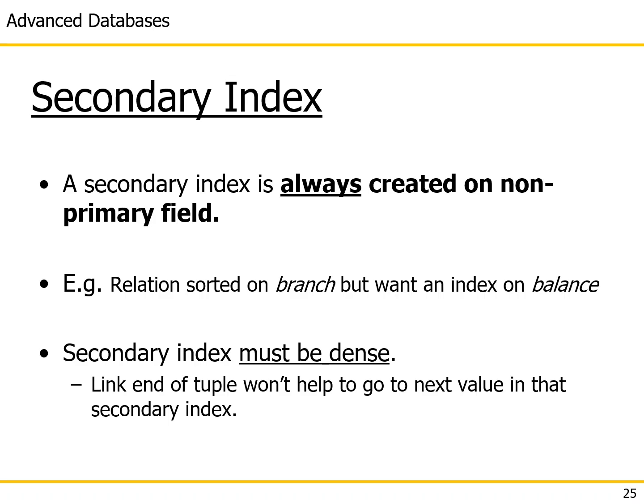So the penalty we pay here is that when we create a secondary index, we will have to create a first level that is dense and sorted from the values of the column that we're building the index on. And then we can put as many sparse indices behind that as we like.